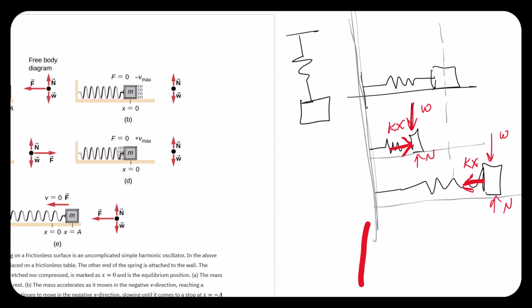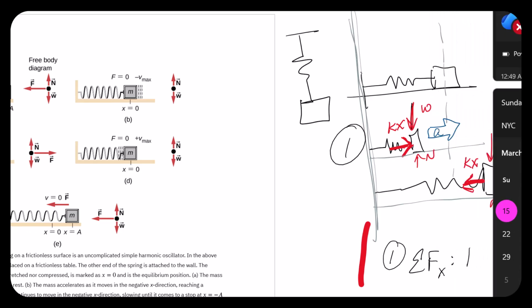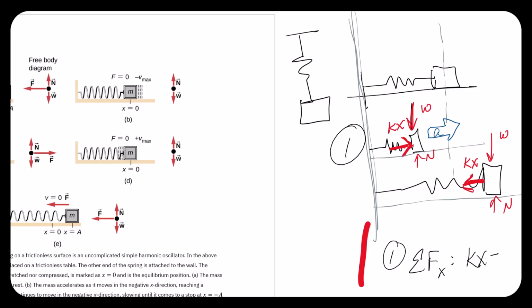All right, so if I look at the sum of the forces in the x direction, like the first guy, right now it's accelerating toward the right. So I can say that the sum of the forces is kx, and it's going in the mass times acceleration direction.